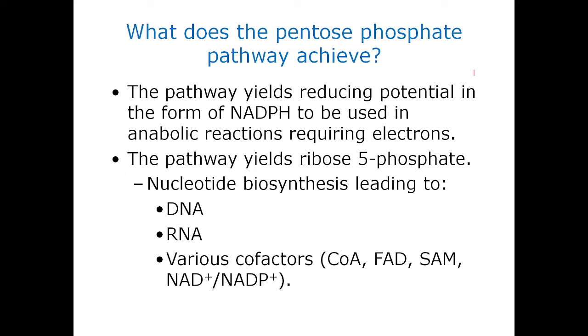So what does the pentose phosphate pathway achieve? The pathway yields reducing potential in the form of NADPH. Whenever any anabolic reaction is there, meaning some synthesis, like synthesis of fatty acid, we call it an anabolic reaction. If some substrate is breaking down into smaller parts, we call it a catabolic reaction.